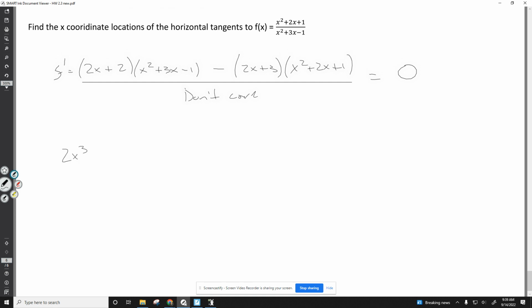Because it's there. 2x cubed plus 6x squared plus negative 2x. I've just distributed the 2x. Plus 2x squared plus 6x minus 2. I just distributed the 2. Minus, big old set of parentheses for what we're going to get. 2x cubed plus 4x squared plus 2x plus 3x squared plus 6x plus 3.